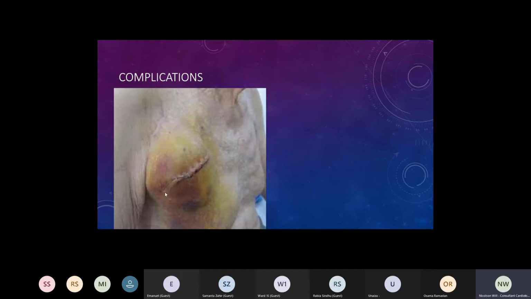Now, these are generally best left alone, but if they are showing signs that the wound is under tension, is going to break down, and the hematoma is going to burst, that's when we have to go in and operate on them. Otherwise, just applying pressure to try and stop the bleeding from the hematoma is usually the best course, because often there isn't anything straightforward to do when we go in and evacuate the hematoma.